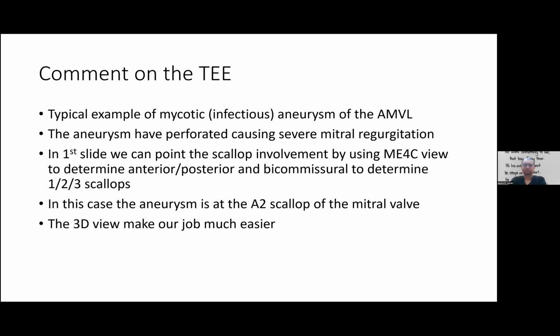But how long do you think that you should start the antibiotic before you subject the patient to a mitral valve replacement? This is a very interesting and very relevant question, and a lot of unnecessary delay in the operating of infective endocarditis.